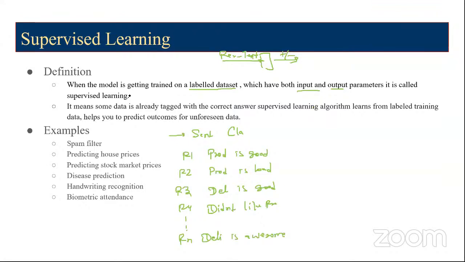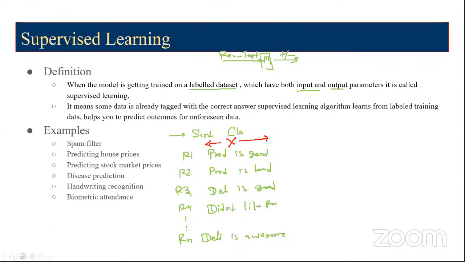Now, as we are trying to train a model which can classify any review into positive or negative sentiment, in supervised learning we are going to have access to both input and output. So for the model that we are trying to train, what is the input? The review text, which we have here. In machine learning, or in the AI world, we often denote input using capital X. So this here is our input.